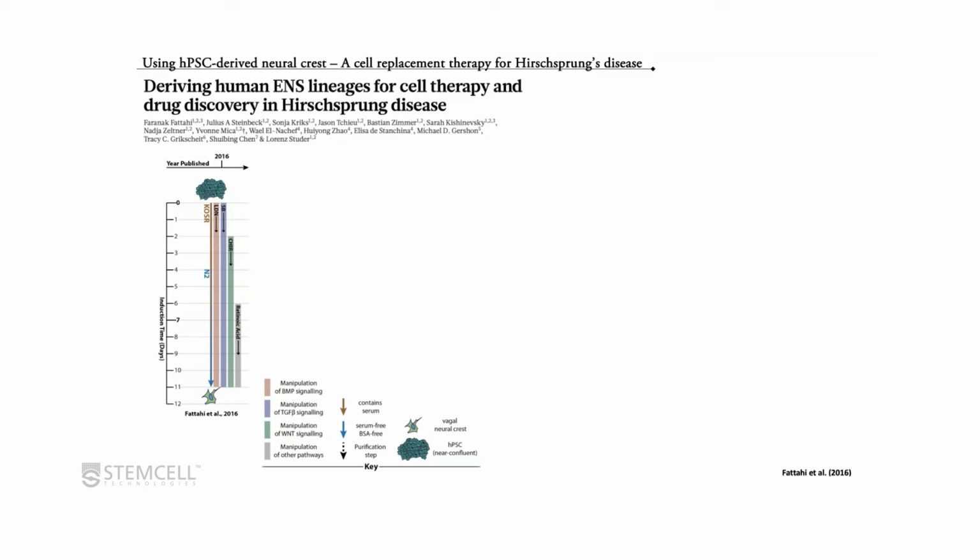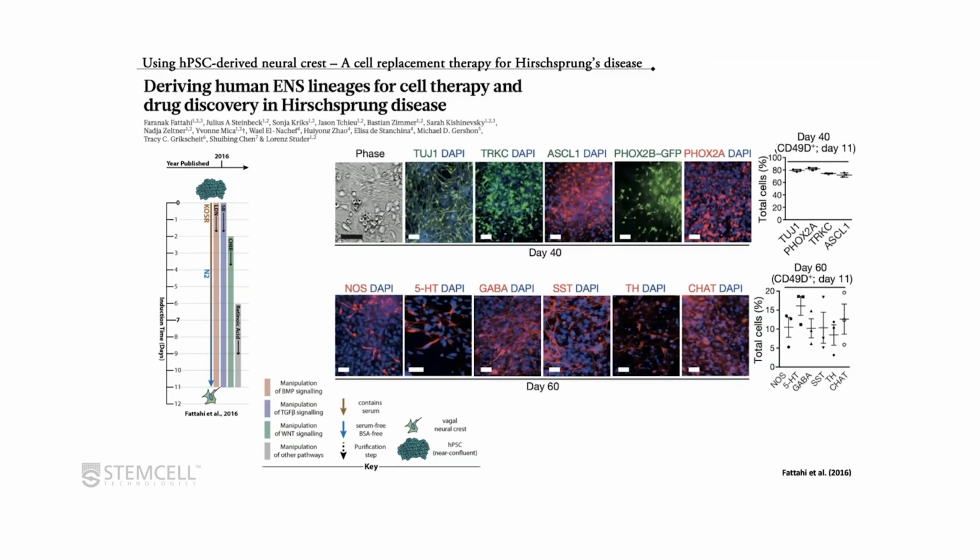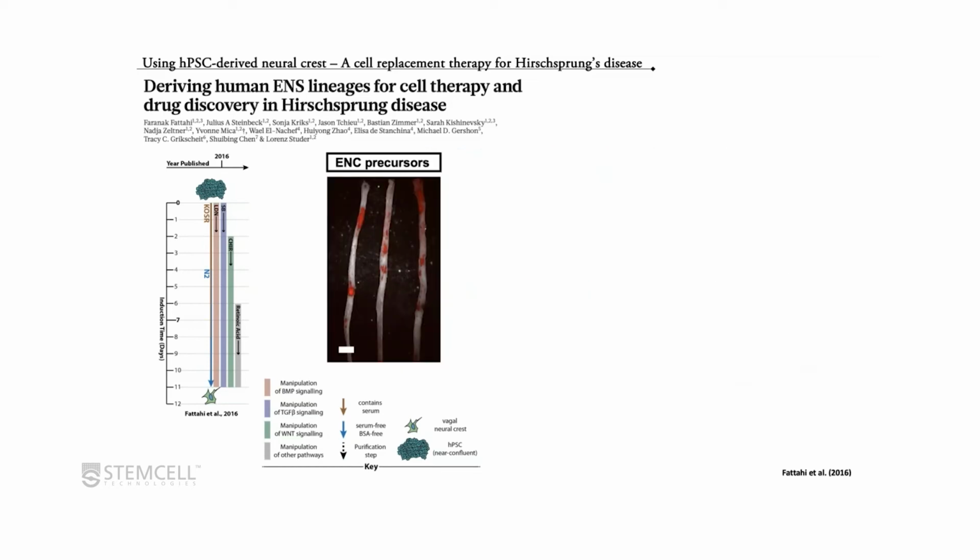So she showed that these vagal neural crest can upregulate the expression of genes associated with an enteric neural crest identity, including ASCL1, FOXD... and then subsequently go on to differentiate into neurons with a wide variety of neuronal subtypes, all of the neuronal subtypes that are represented in the enteric nervous system.